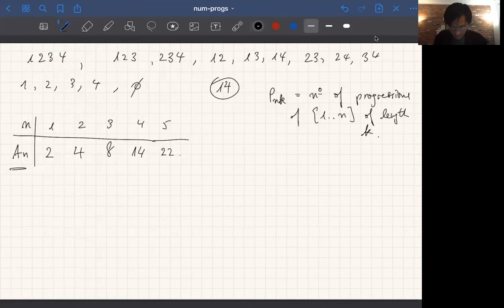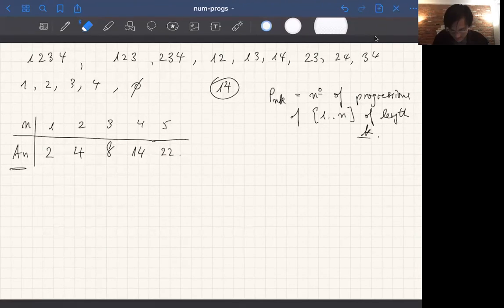Well, a progression has to start at a certain number, and then it has to have a certain step size. For example, the step here is 1, you're adding 1, and then it has a length k, and those are basically all the parameters. I'll give an example.